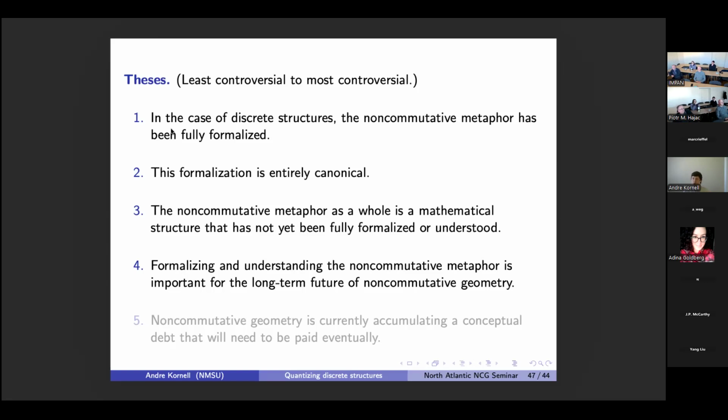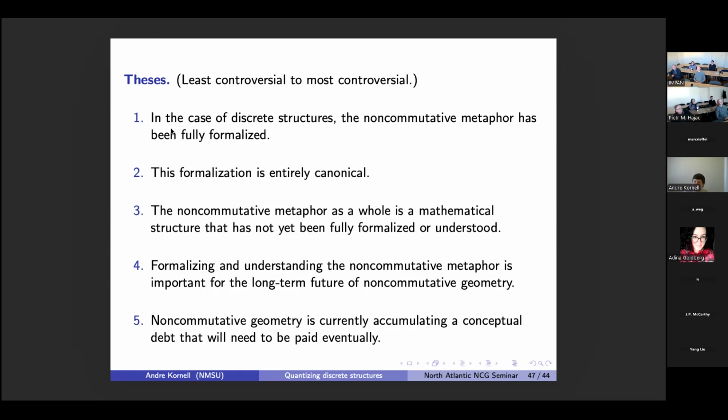That's reason one. Reason two, if there is a mathematical structure that is the whole non-commutative metaphor, I think it is very difficult to believe that such a thing would have nothing to do with quantum physics. I think that means that if we plan to keep applying non-commutative geometry to quantum physics in a robust way, we need to understand what the non-commutative metaphor actually is and how it relates to the physical world.